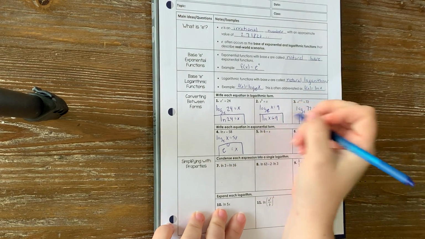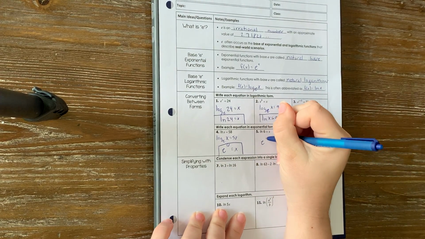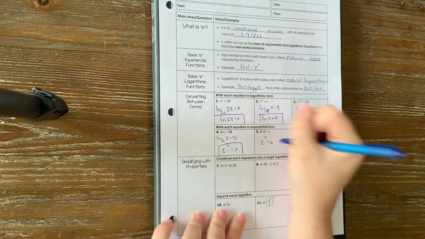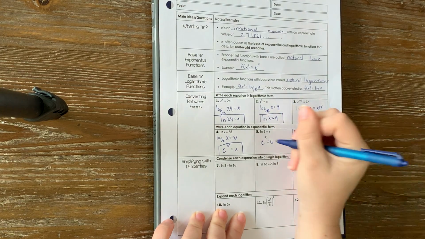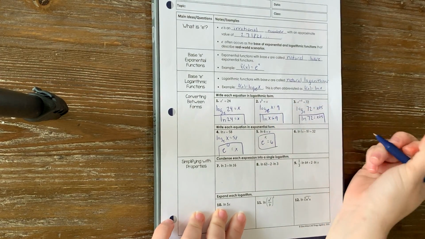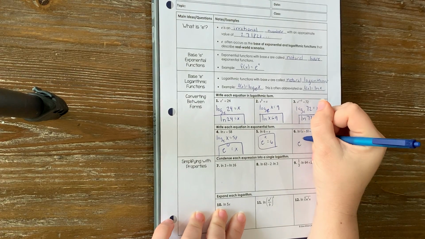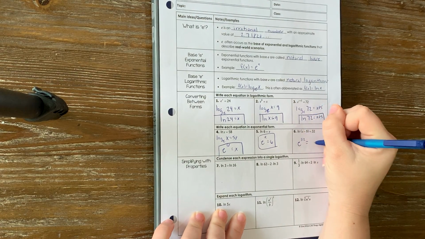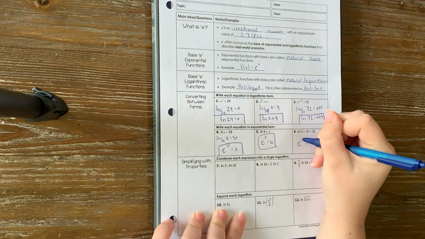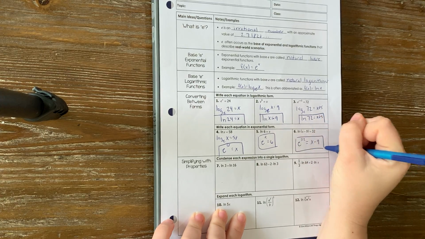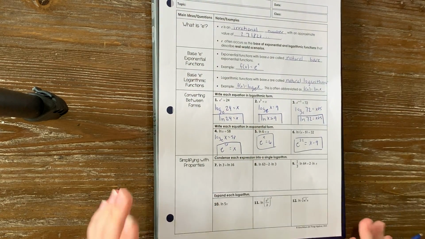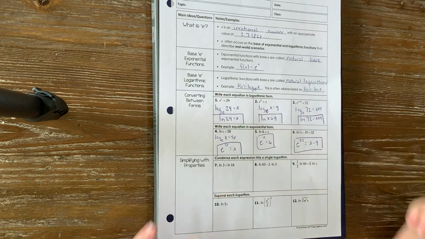Okay, same thing on this one. So e to the power of x equals 6. And e to the power of 32 equals x minus 9. If you wanted to skip that step right there, you can, just like what I just did.